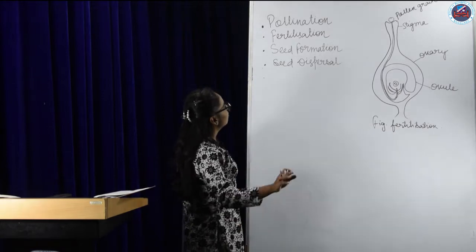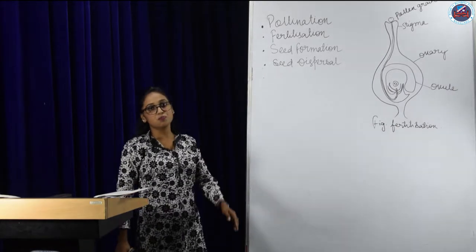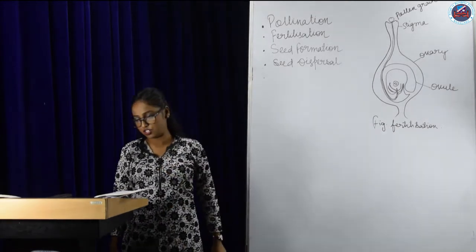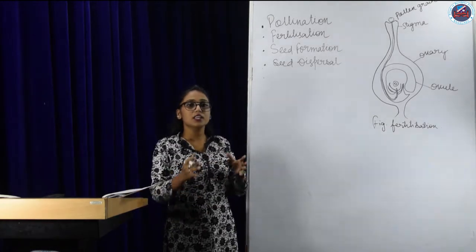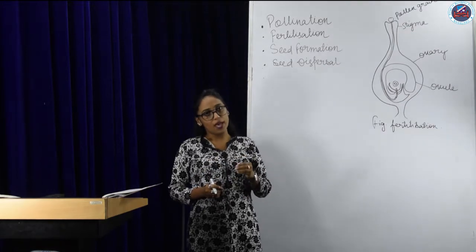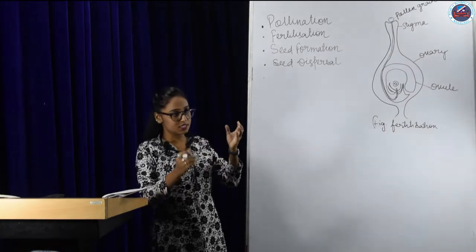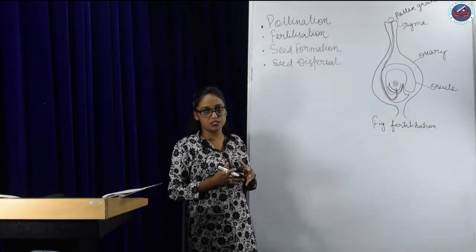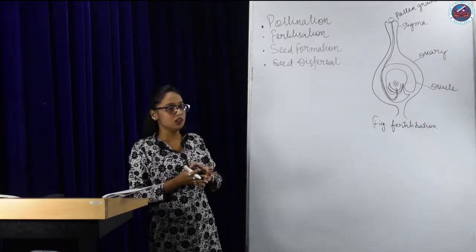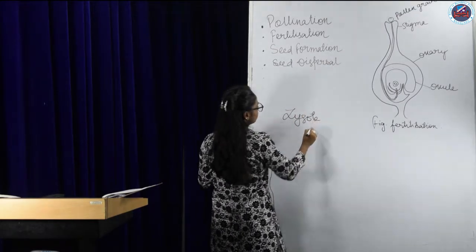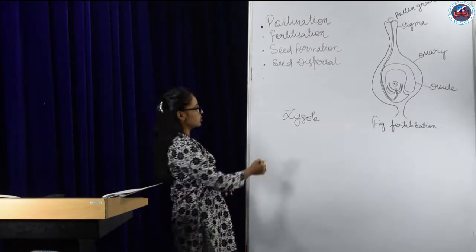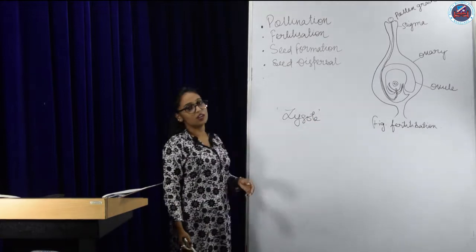After pollination, fertilization will occur, because pollination is the first step of fertilization. Now, what is fertilization? In sexual reproduction, when the female nucleus fuses with the male nucleus, they form a new cell which is called the zygote. That process is called fertilization.